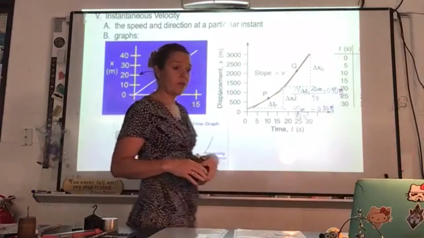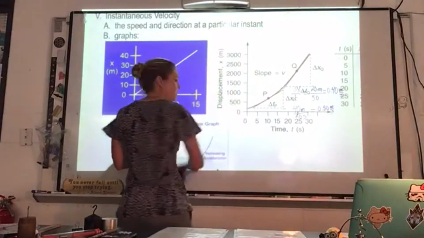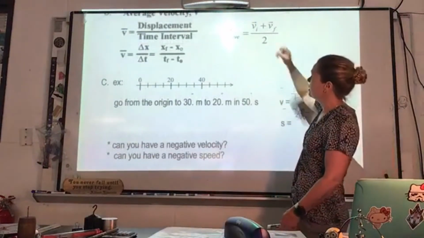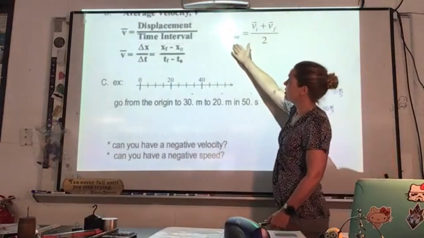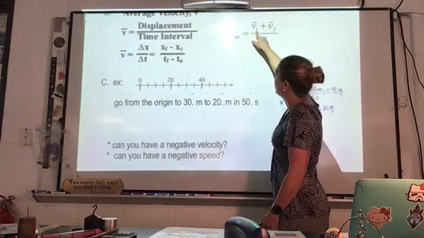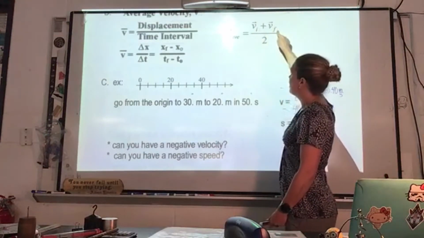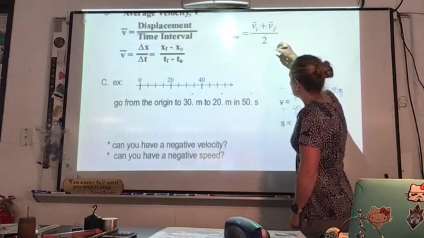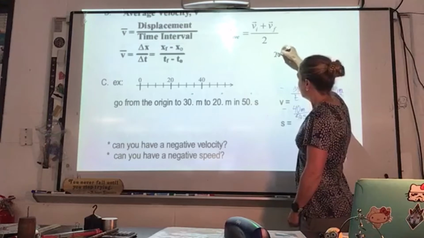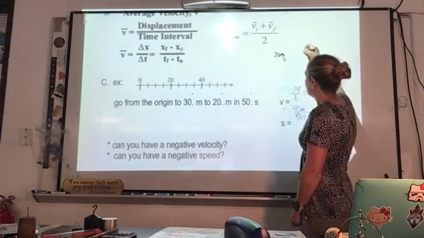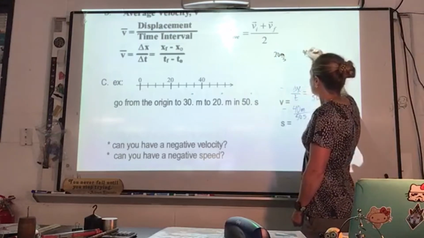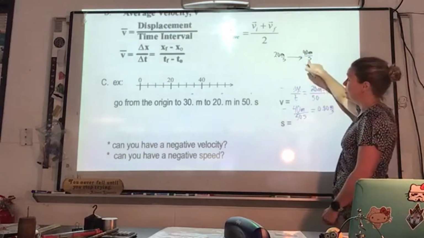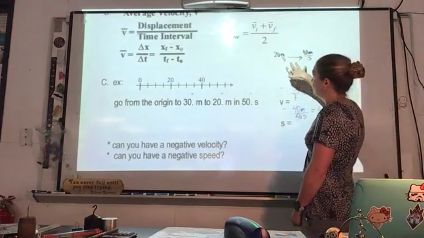Now, the other thing I want to say, I had another formula I just kind of threw off to the side: there's another way to find average velocity. That is, if you know your initial velocity and your final velocity, let's say you were going 20 meters per second, and later you were going 40 meters per second, and you were changing your speed uniformly.